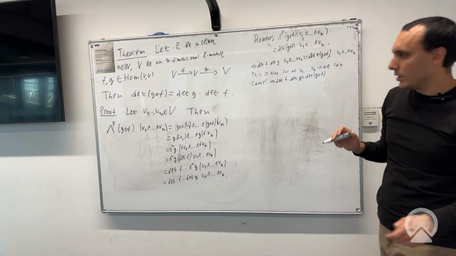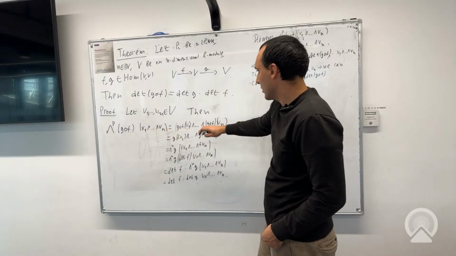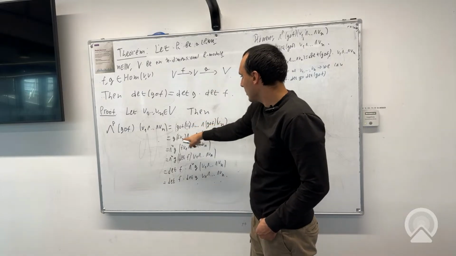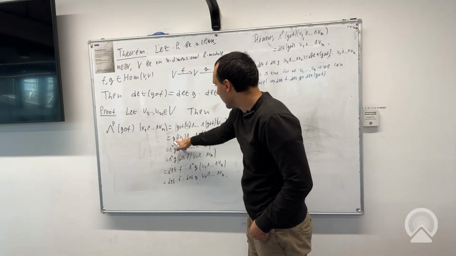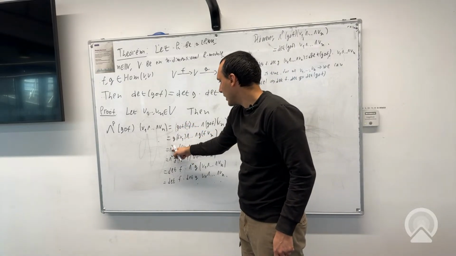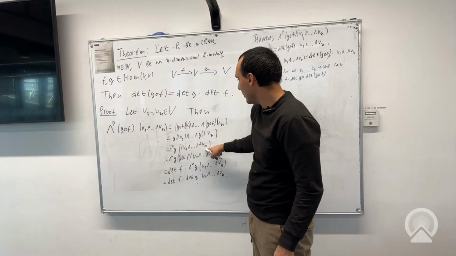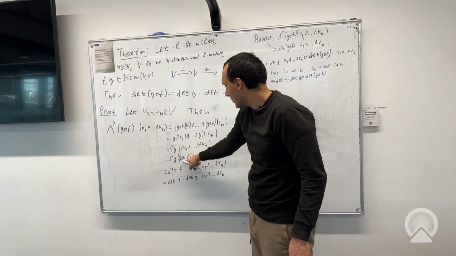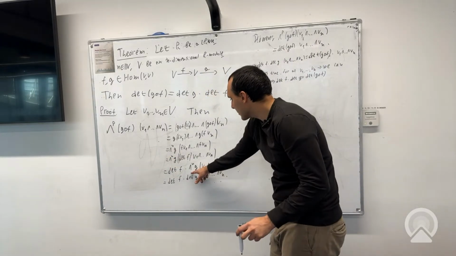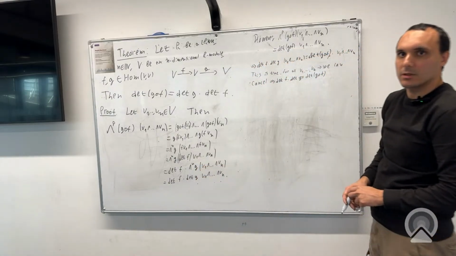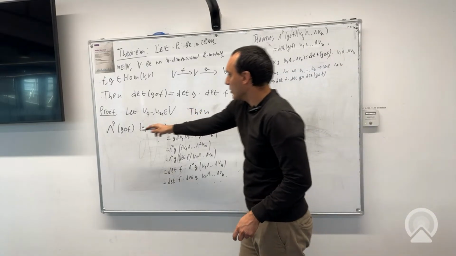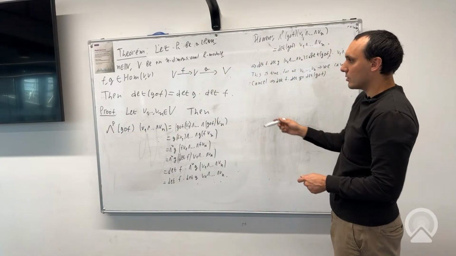So what did I do? I expanded the definition of G composed with F of V1, expanded the composition, but then decided, okay, for G let's go back to the initial definition with lambda n G, and for F I use the definition of determinant, and then I moved this back and did the same for lambda n G, and so it becomes determinant of F times determinant of G. But I could start from this and expand the definition of determinant outright.